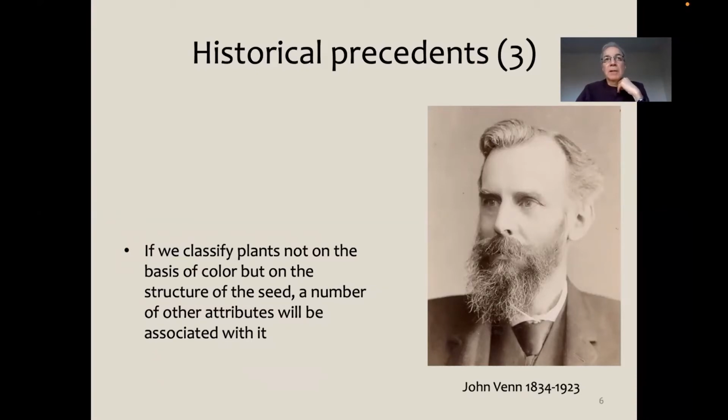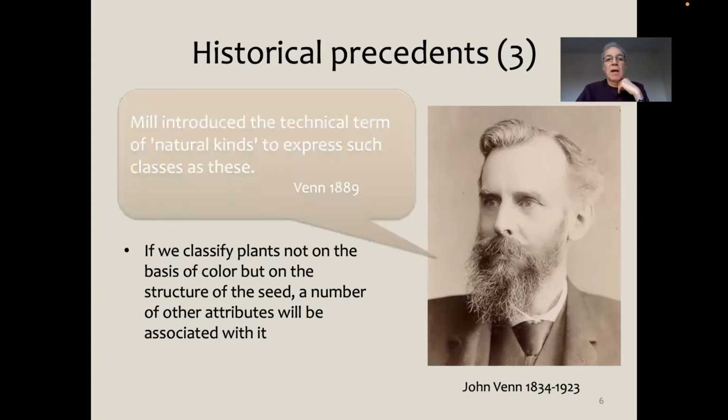And a natural classification scheme reveals kinds. And Venn went on to say that Mill introduced the technical term of natural kinds to express such classes as these. So when you classify not artificially or arbitrarily, but according to some natural classification scheme, what you are revealing are kinds.